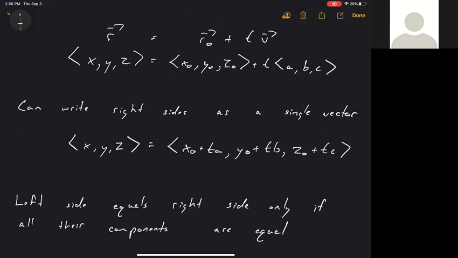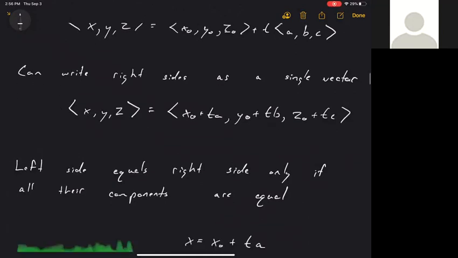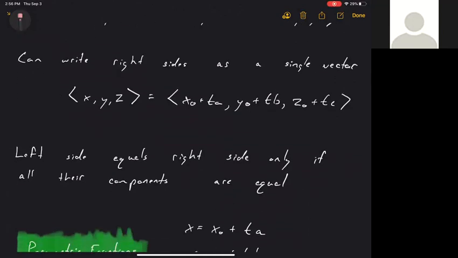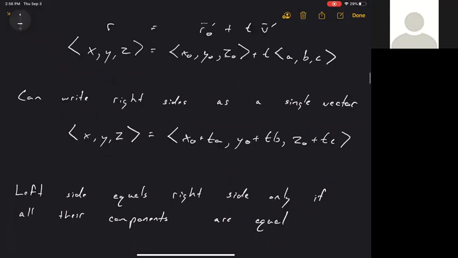I'll have to look up what those are called. In the typesetting program I use, they're just called L angle and R angle. So I don't know what they would be called in normal English. Let's call them pointy braces for now. So we can write this right-hand side as a single vector inside a single set of pointy braces.